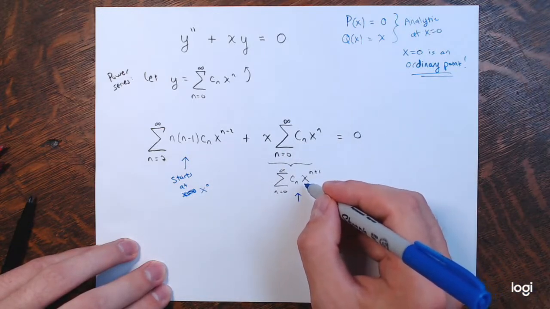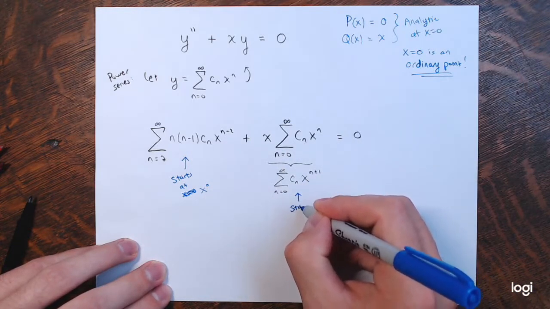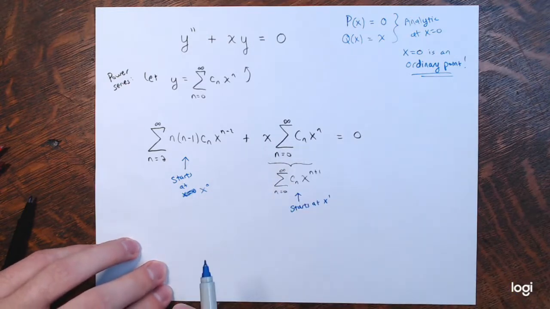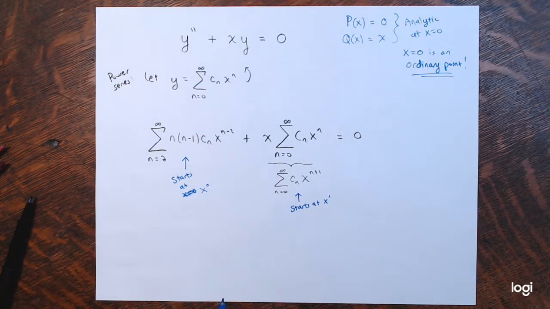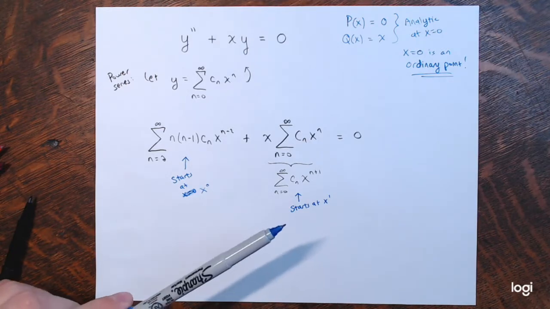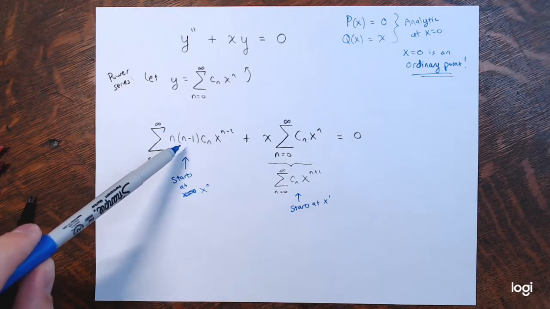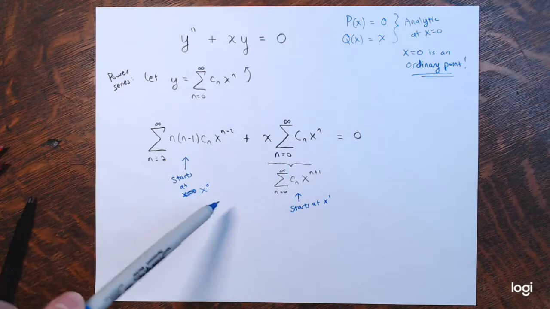This series starts at x to the first power. I don't like that, right? In order to be able to put the series together and re-index, I want them to start at the same thing. Well, the highest of these is x to the first, so all I need to do is pull one term off of this series, and then I'll have another series that starts at x to the first.